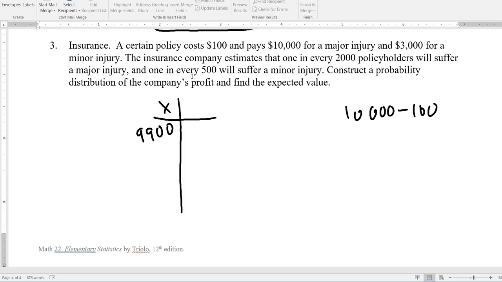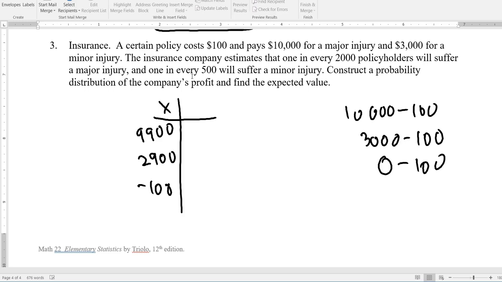Congratulations, right? You get paid $3,000 to cover that. Issue is, you already paid him $100. Or you don't suffer any injuries. You get paid nothing. That's okay, because you're covering your butt, right? And you paid him $100. So you basically lost $100 getting this insurance policy. You're trying to play it safe, right?